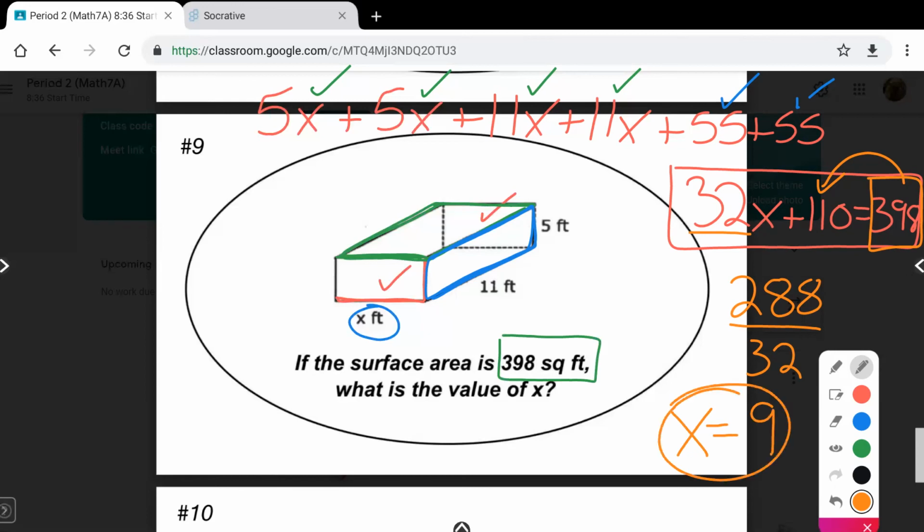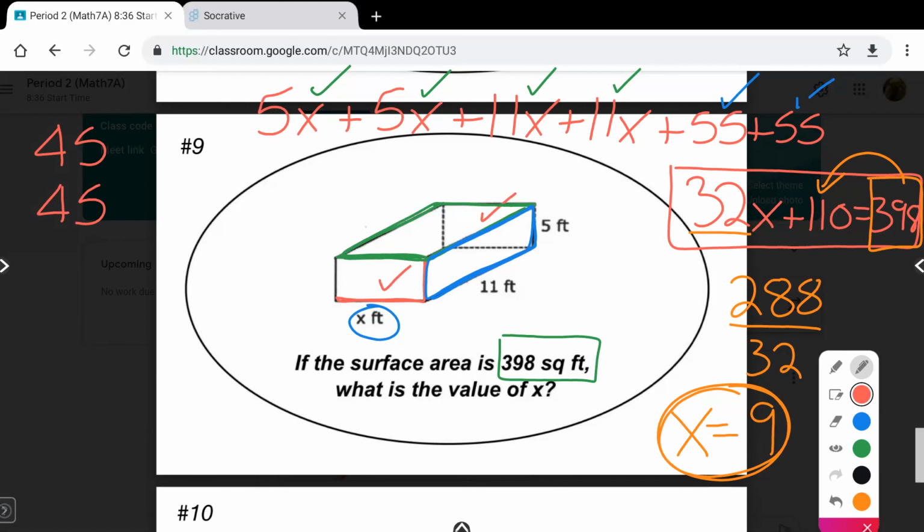And once you know that value, then you can go back into your rectangular prism and find the area of each region, add them all up, and see if it adds up to be 398. You always want to check your answer. So now the front and the back would be 5x, which would be 5 times 9, which is 45 for the front, 45 for the back. The top and bottom are 11x apiece.